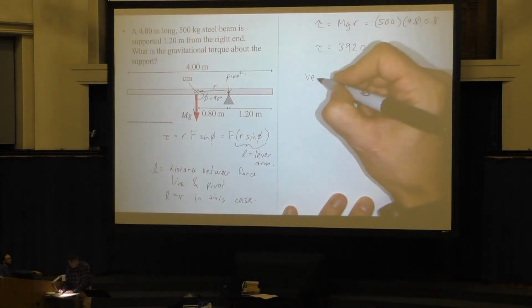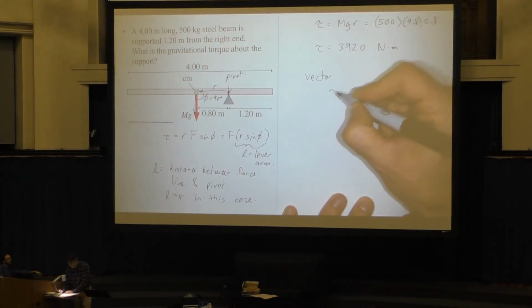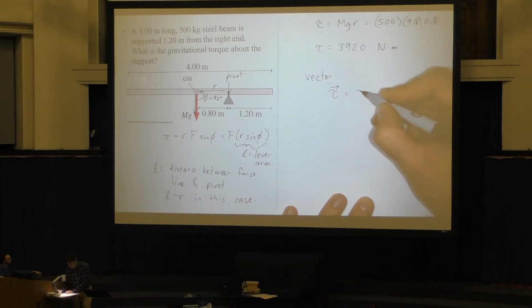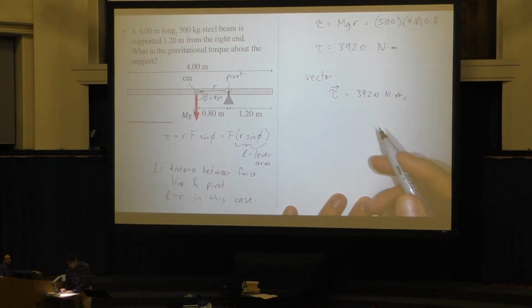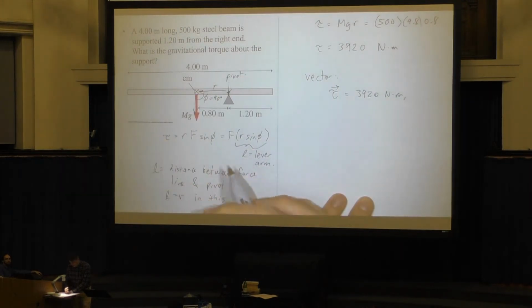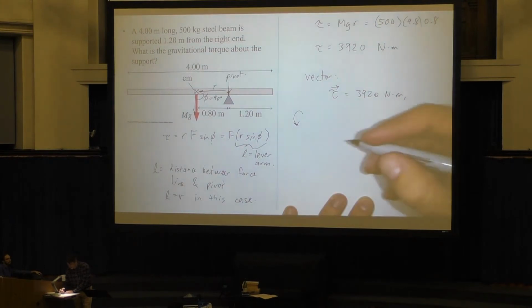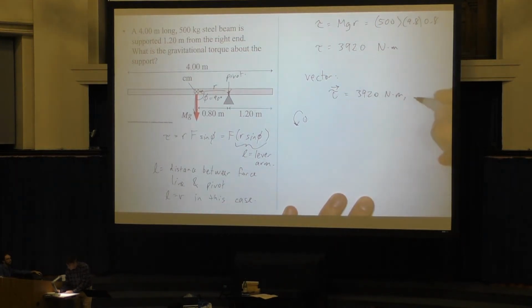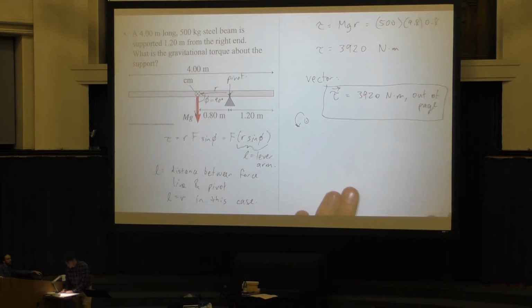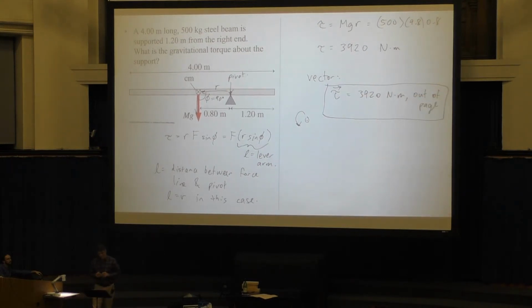And then the vector tau is equal to 3920 newton meters. It's counterclockwise, so you can use the right-hand rule, and this is out of the page. So that's an example of calculating gravitational torque.